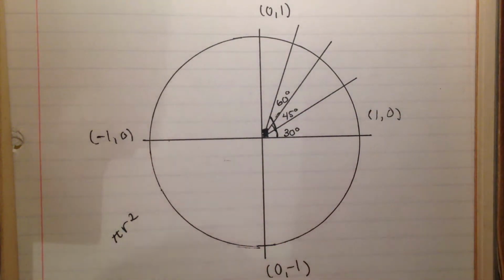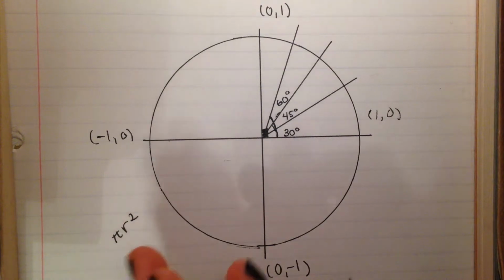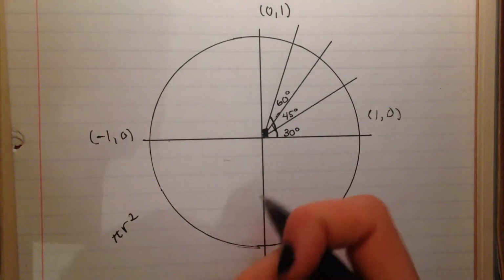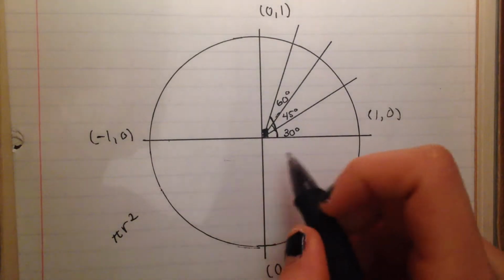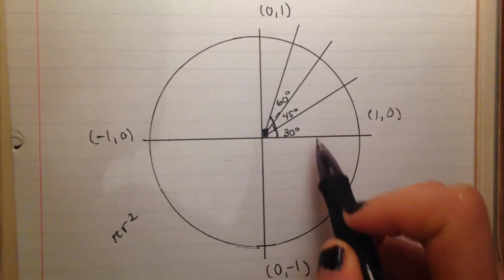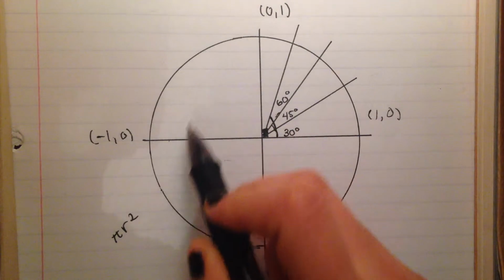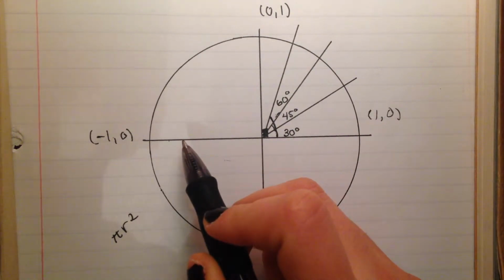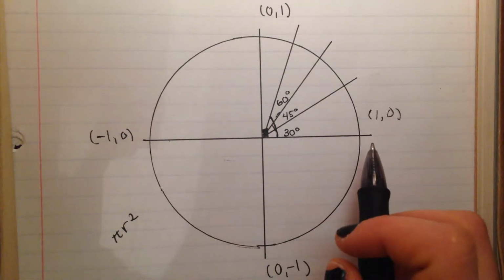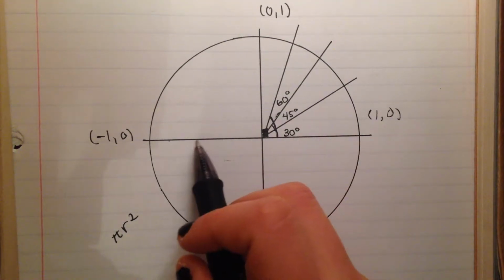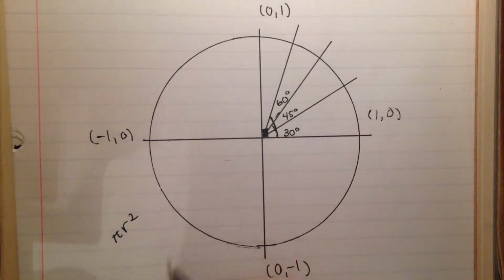Alright, so an easy trick that I found, and it's not really a trick, it's just basically the whole concept of it, is that half of a circle is pi, and then this other half is pi, so that's 2 pi, and then this would be 3 pi, and 4 pi, and so on.